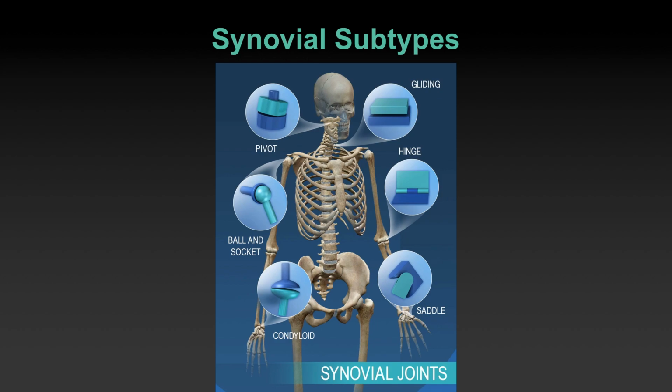There are multiple different subtypes of joints, and in general, when I say joints, I'm referring to synovial joints, and these permit multiple kinds or only one kind of motion, depending on the joint. Not all joints make all movements.